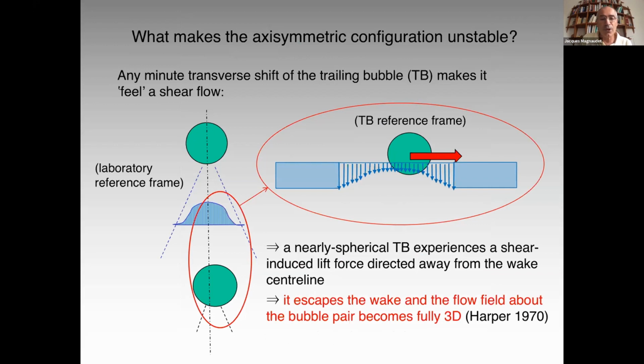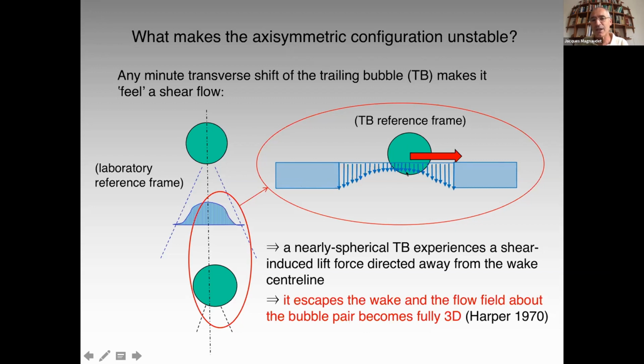That is, suppose you slightly shift the trailing bubble from the axis of the wake of the leading bubble, as I did here. Then in the reference frame of this trailing bubble, the flow felt by this bubble looks like this. So it's a slightly asymmetric shear flow.